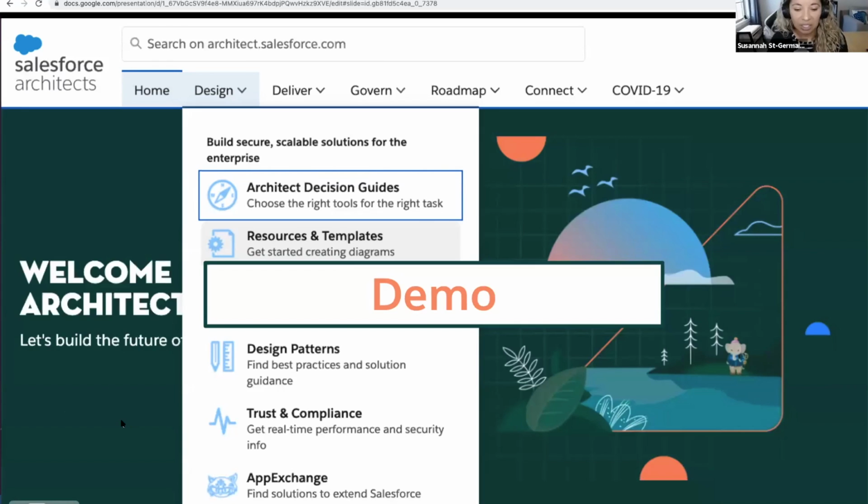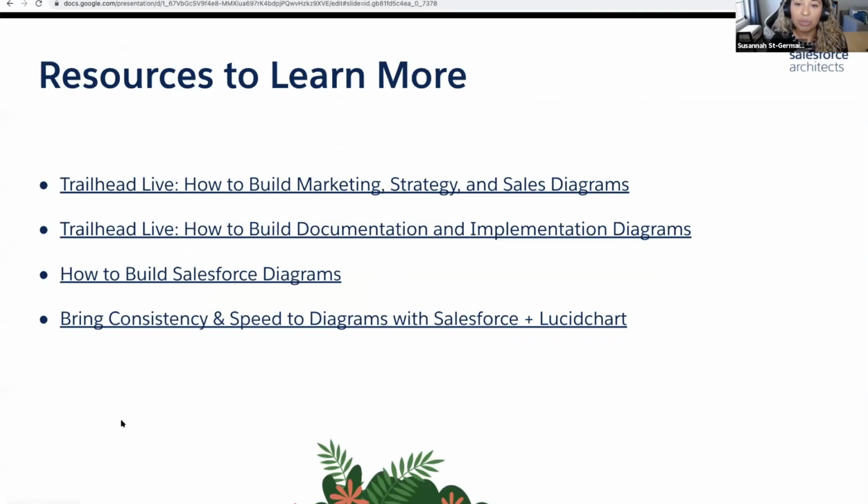Okay. So resources to learn more. I know this was a lot of information all at once, but there are a lot of resources if you want to learn more about a particular strategy or documentation style. We have a whole Showhead live on how to build marketing strategy and sales diagrams, and one on the documentation and implementation diagrams.